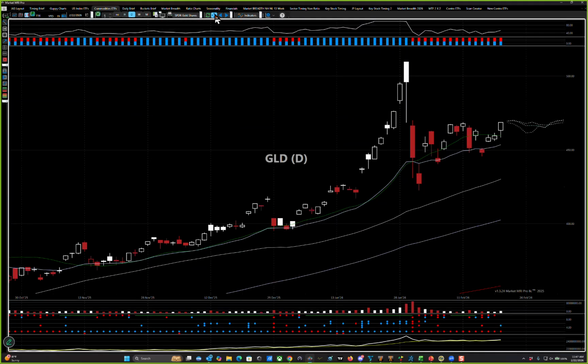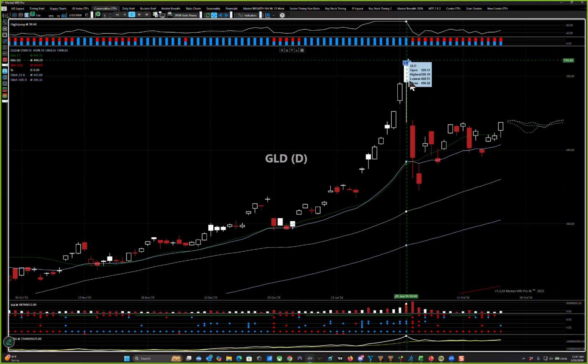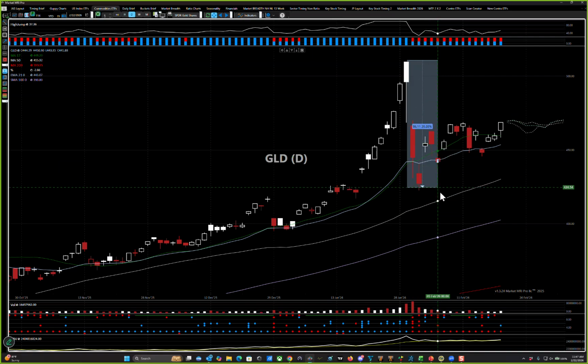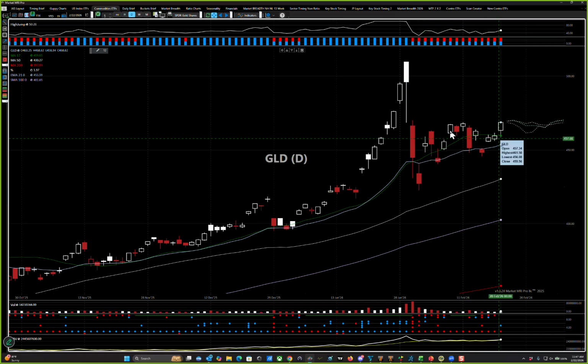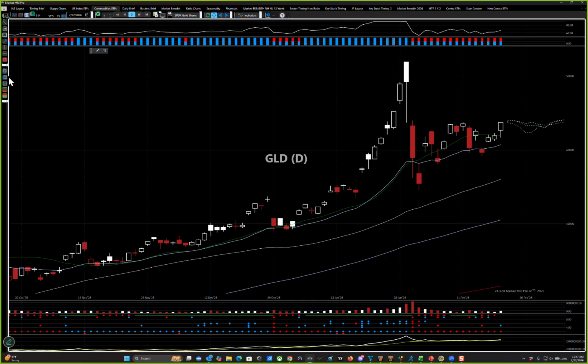Let me show you some new things that we put in. If you want to see how much prices change from one area to another, it tells you price change. If you want to measure a day period, that is measured from day to day.